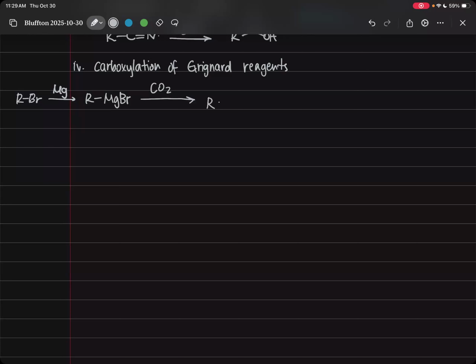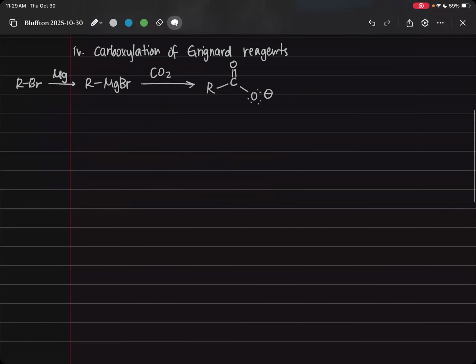So from that, we get this molecule. And I think you can see here that there's our CO2 molecule, starting to look like a carboxylic acid as well.